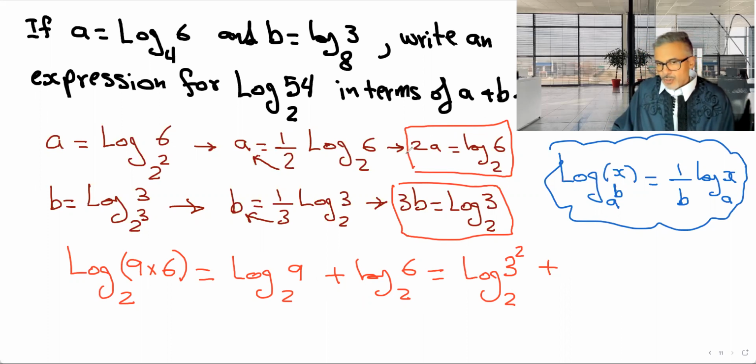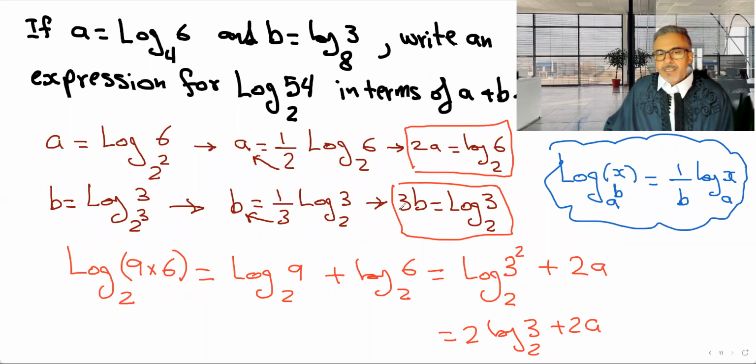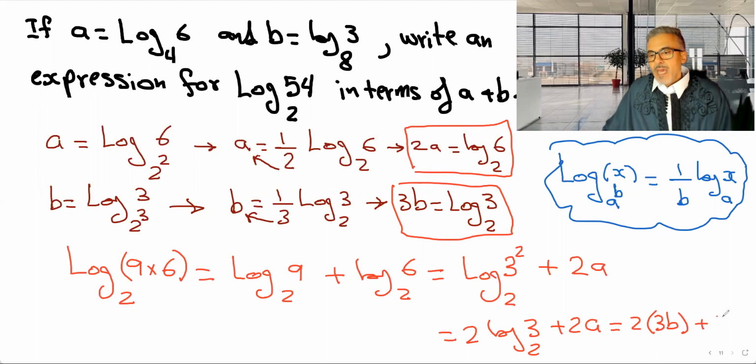It's already solved to be 2a, so that's done. Now log base 2 of 3 squared, I'm going to bring the 2 down, and that becomes 2 log base 2 of 3 plus 2a. Now the log base 2 of 3 here is represented by 3b. So now I could change this to 2 times 3b, because that's what log base 2 of 3 is, plus 2a.